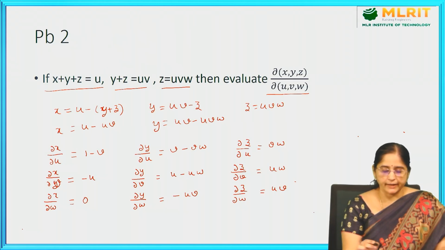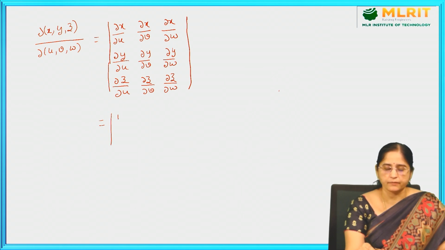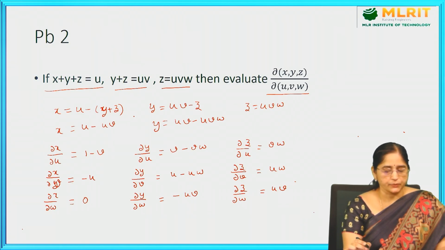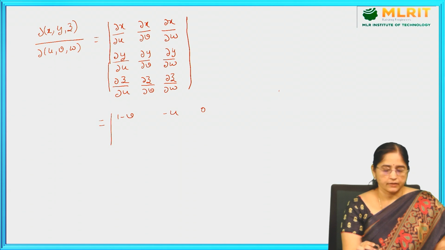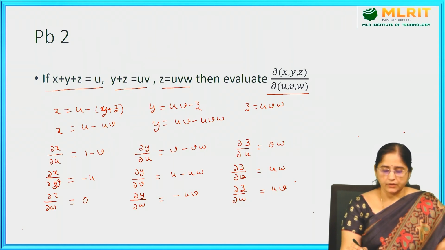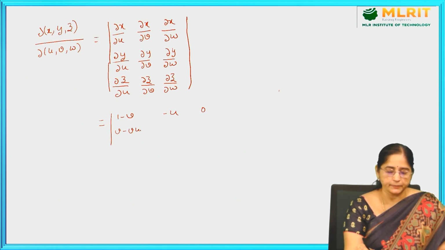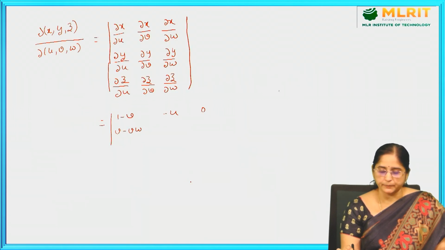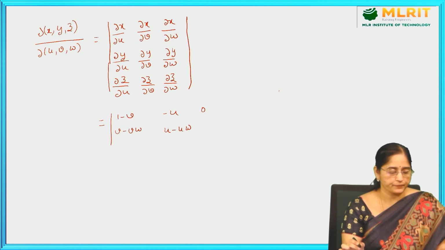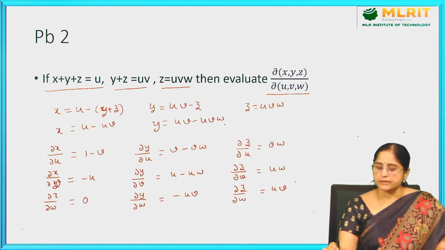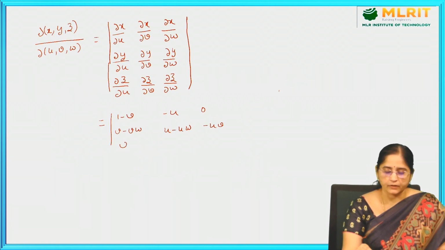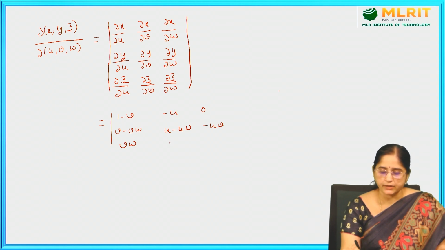We get 1 minus v, minus u, 0. Next, v minus vw, u minus uw, minus uv. Next, vw, uw, uv.